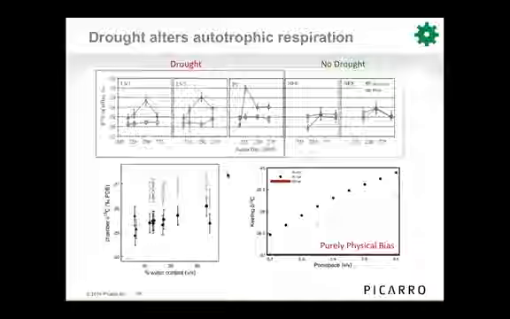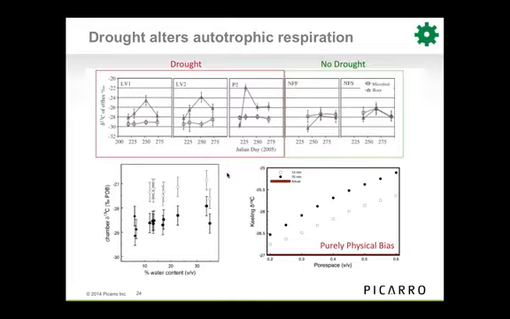What she ended up finding at first was kind of interesting, and that was that the heterotrophic respiration was in fact changing with moisture stress. But what we actually ended up using the Picarro for was to look at her experimental setup. She was capping these PVC tubes with a chamber, much like Derek was showing, and because she was doing that, it caused a bias in her results.